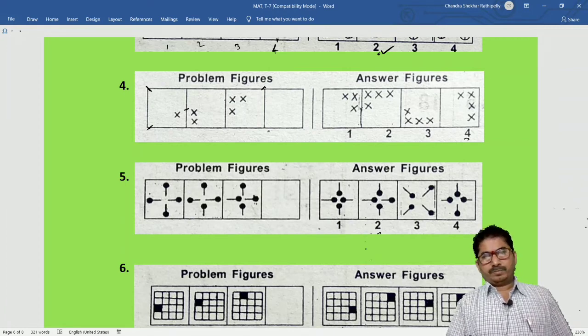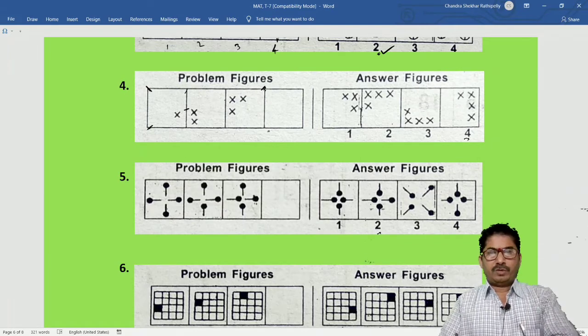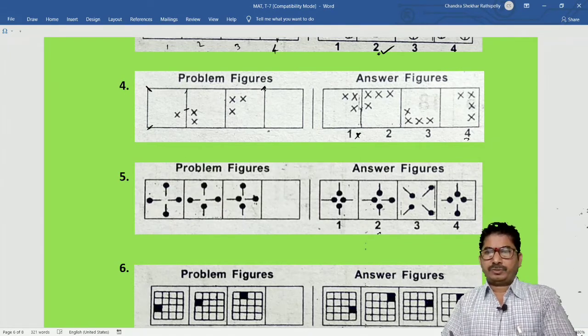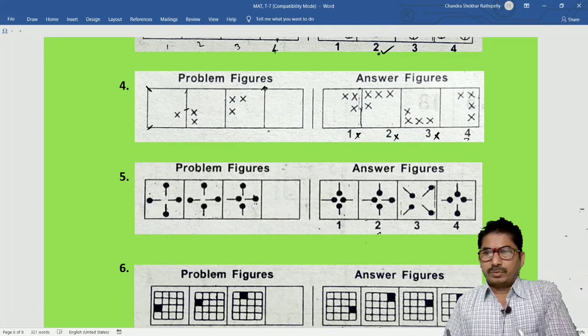This side will come. This side, this side, this side means how many? 1, 2, 3, 4 will come. Here we have 3 only, so that's why this is not the correct option. In this 4, but this side to start, not this side. So that's why this is also not correct. So here not there in this figure. So option 4 is exactly correct.